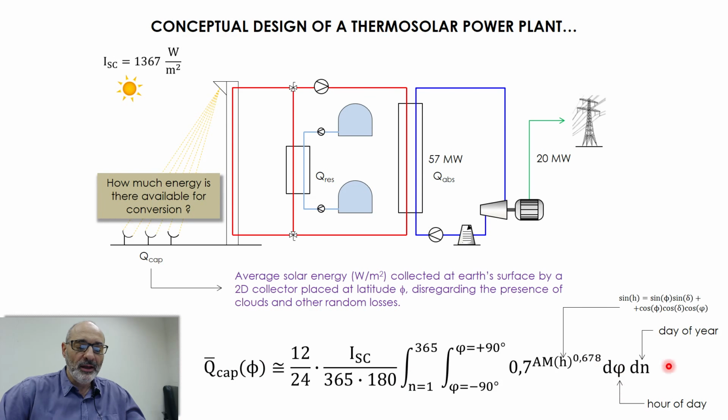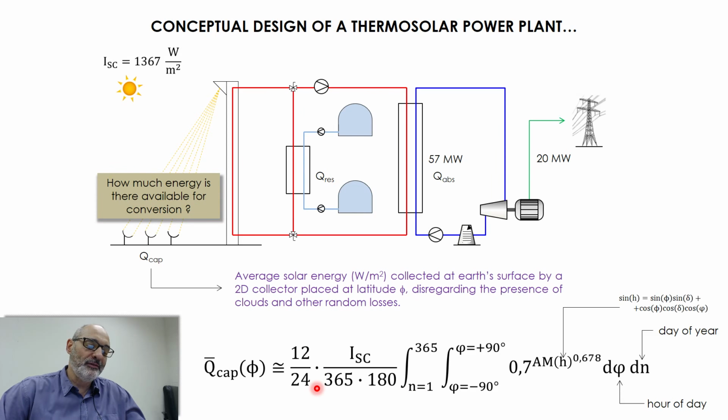Okay, we are integrating this during the day and during the hours of the day and during the days of the year. So this is why I'm dividing by 180 degrees here, because it goes from minus 90 to plus 90. And I'm also dividing by 365 because we have 365 days in a year.